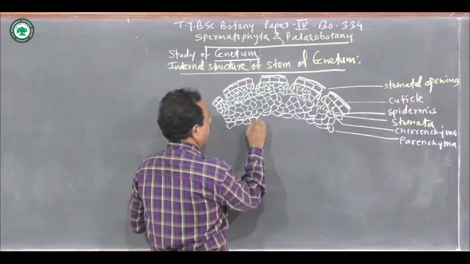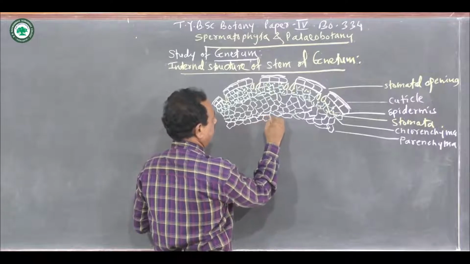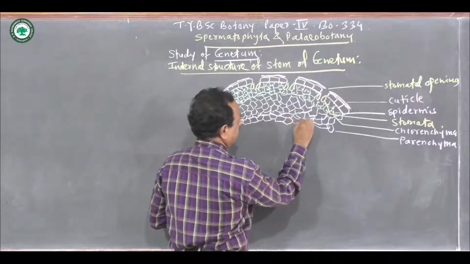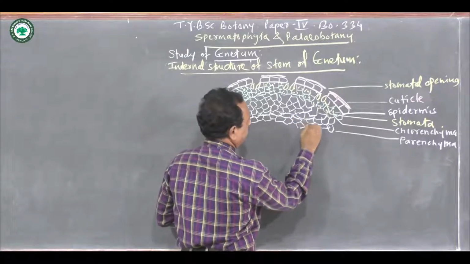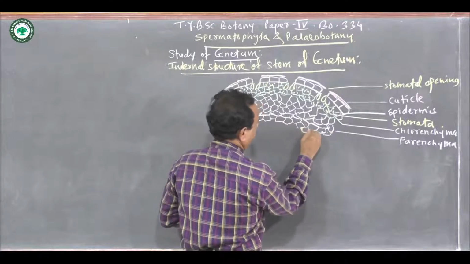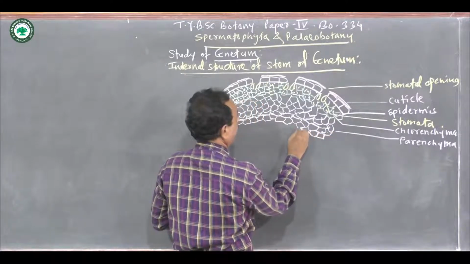So the cells of this sclerenchymatous cortex are polygonal in shape. The cells are thick-walled, and these cells are compactly arranged without intercellular spaces.